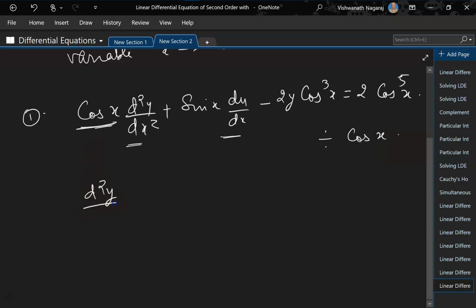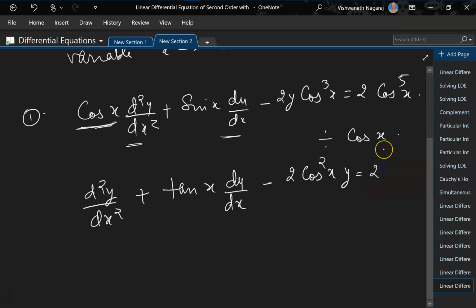We are left with d²y/dx² plus sin x by cos x, which gives tan x, dy/dx, minus 2y, 2 cos³x by cos x. Cube becomes a square, 2 cos²x y, is equal to 2 cos 5x by cos x, which gives cos 4x.